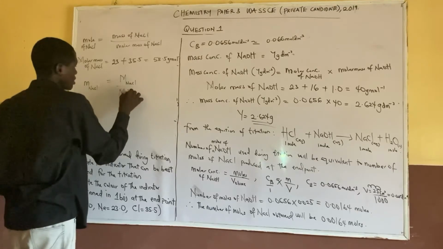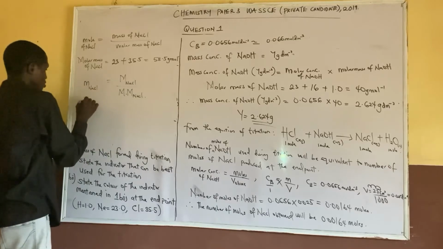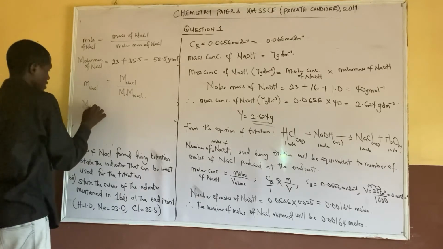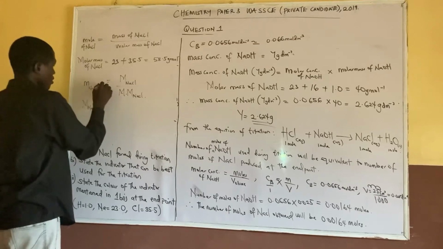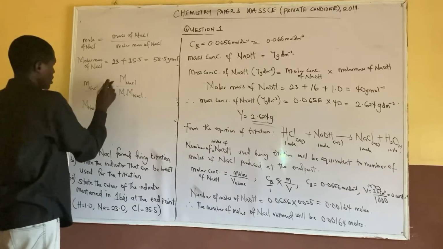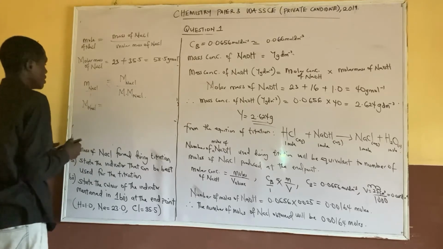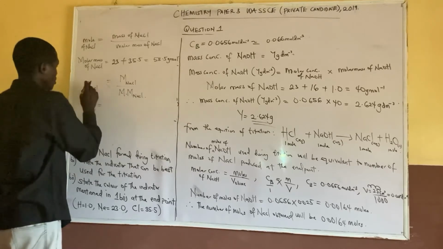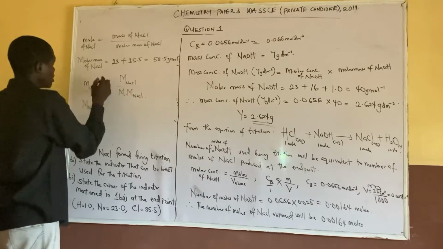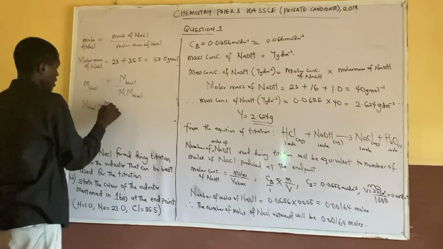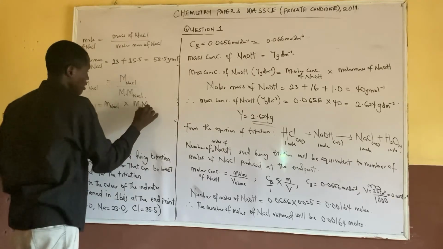So the mass of sodium chloride, simply cross multiplying, is equal to the number of moles of NaCl multiplied by the molar mass that we just obtained.